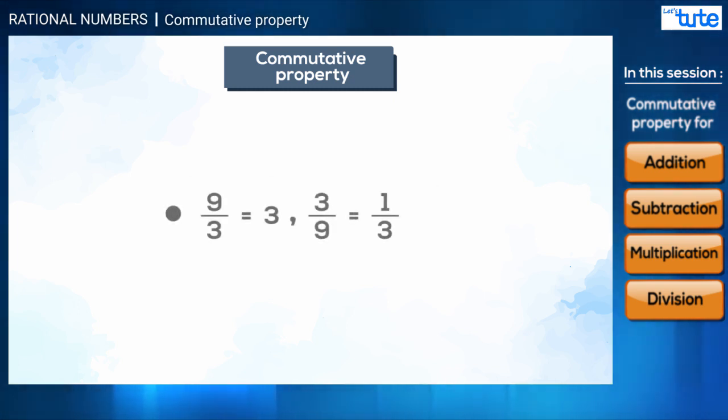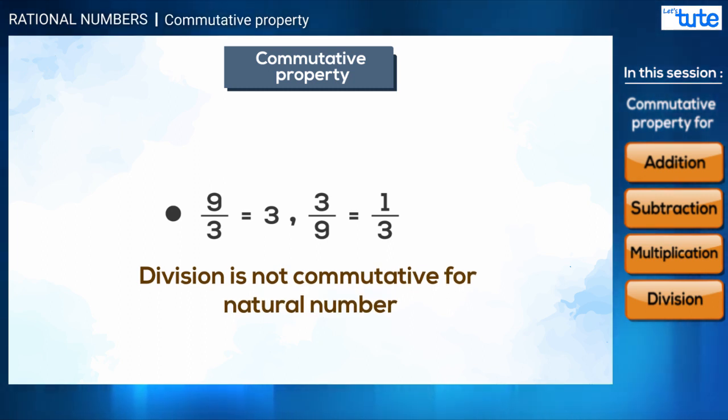Look at this example. Here, if we exchange the places of 9 and 3 in the operation division, we don't get the same answer. That is, 9 upon 3 is 3 and 3 upon 9 is 1 upon 3. They are not equal. Hence we say that division is not commutative for natural numbers.